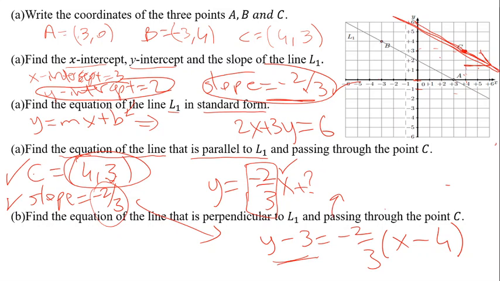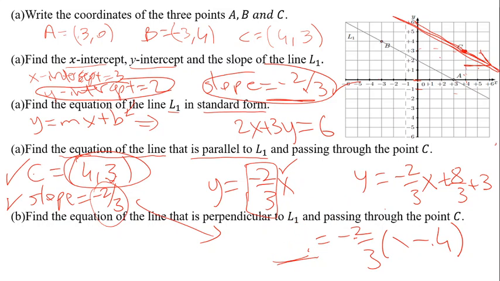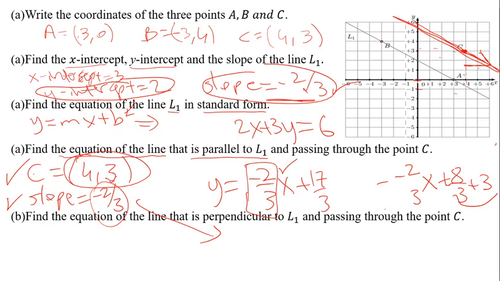Now this makes y equal to negative 2 over 3x plus 8 over 3 and plus 3 here. Do this calculation, you will get 17 over 3.